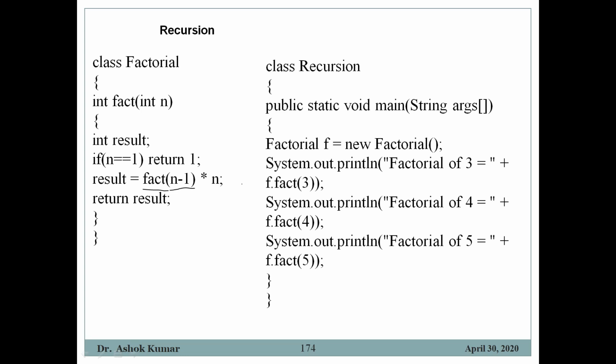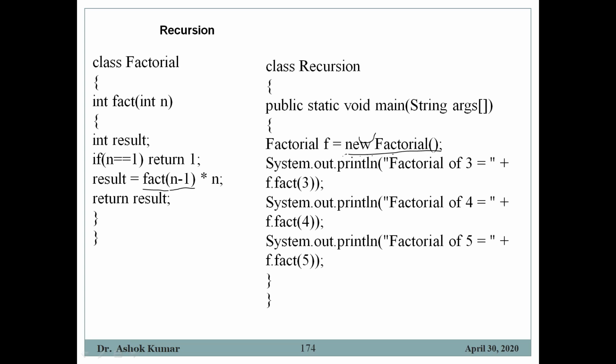If we start discussing from the main, the very first line is creating the object of the factorial class. We are using new, as we discussed many times: whenever you want to create an object, you have to use the new keyword and then the class name, and after the class name there should be a pair of parentheses.